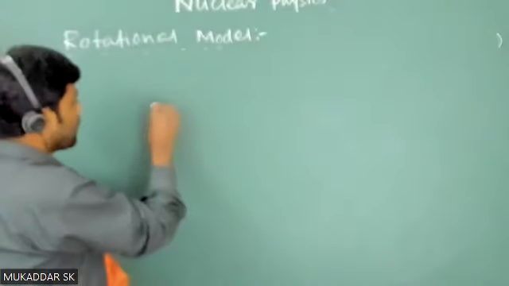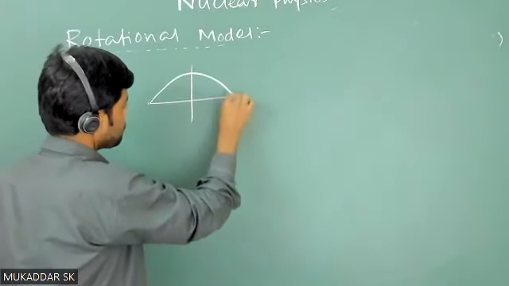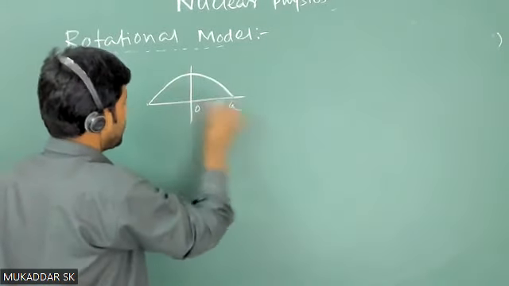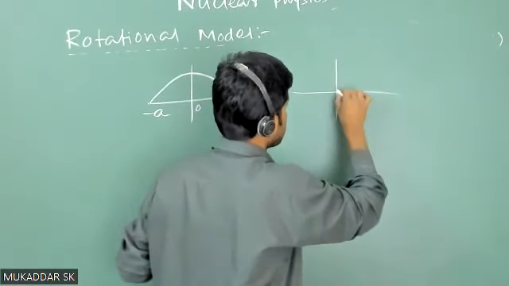If I give the example of a wave function, suppose you have a wave function like this, between 0, a and minus a, and you have another wave function like this.